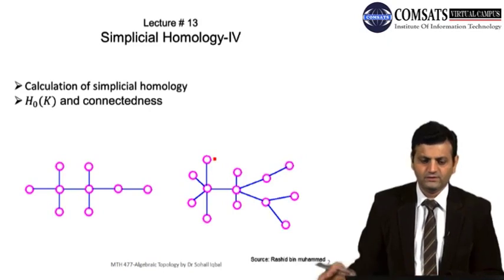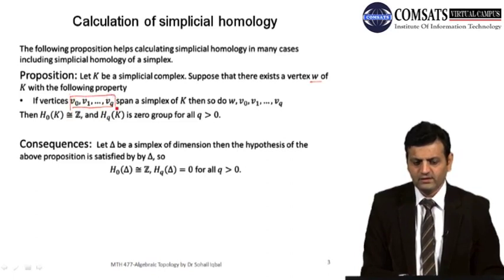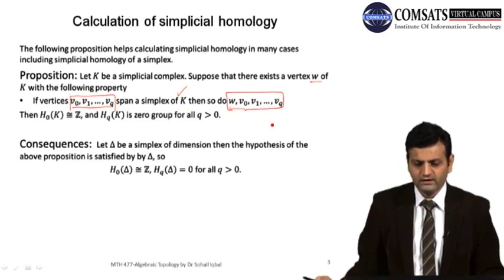In general we saw the following proposition: if we have a simplicial complex K and there exists a special vertex W of K with the property that if some set of vertices spans a Q simplex in K, then by adding W to that set of vertices we again have a simplex of K, then the simplicial homology H naught of K is isomorphic to Z and HQ of K is 0 for all Q greater than 0.